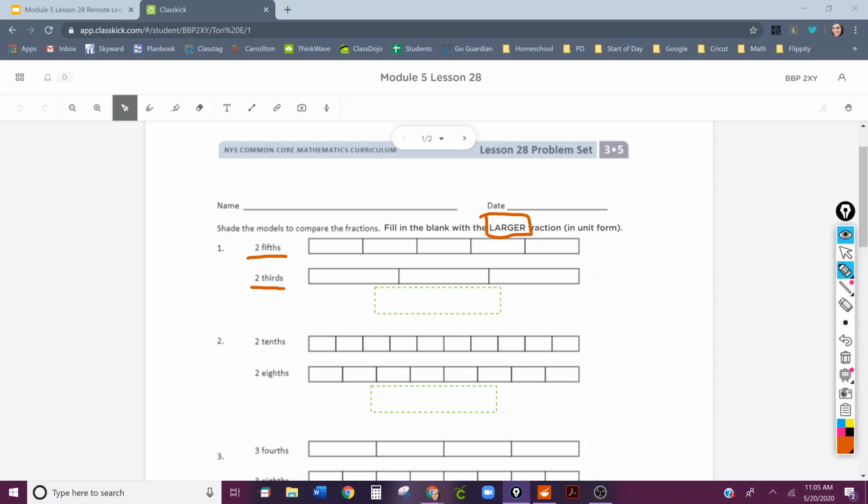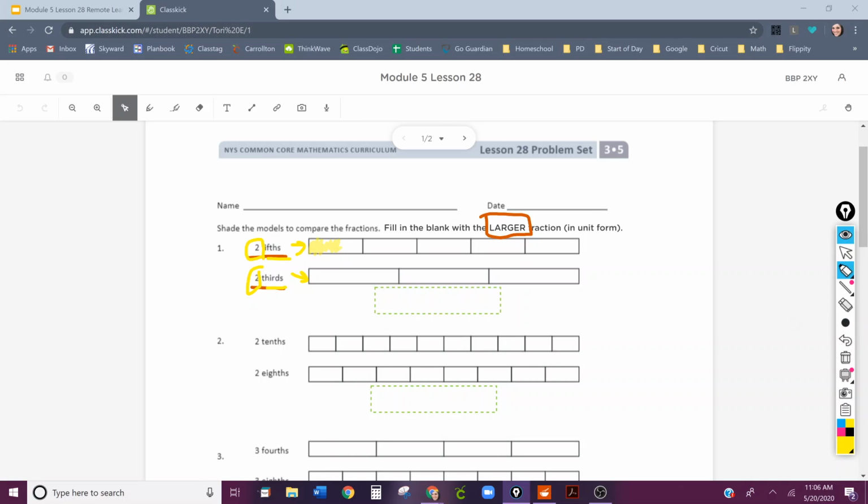Okay, so first we're going to do some shading. This one wants us to shade 2/5 and 2/3. So each time we're shading 2 pieces. This fraction strip is divided into fifths. This fraction strip is divided into thirds. So let's go ahead and shade one.